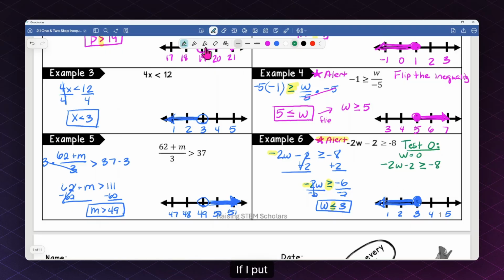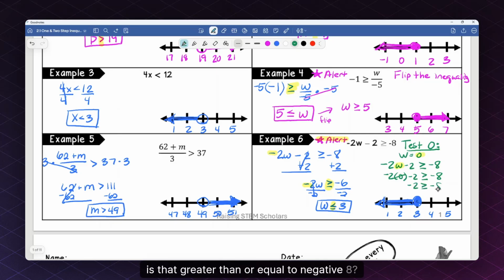If I put a 0 in for this w, I get negative 2 times 0 minus 2 greater than or equal to negative 8. Okay, that 0 part times negative 2 drops out, right? So negative 2, is that greater than or equal to negative 8? And the answer is yes. That is a true statement. And so we shaded it in the correct way.